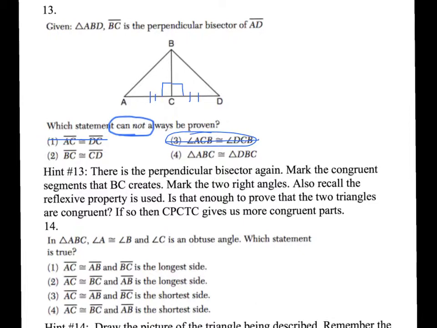Would these 2 triangles have to be congruent to each other? Would that have to be true? Well, if you think back to proving with triangles, BC is congruent to itself because of the reflexive property. So you've got a side angle side matching up with a side angle side. So definitely the 2 triangles would have to be congruent. So that's correct, but we're looking for the one that's not correct.